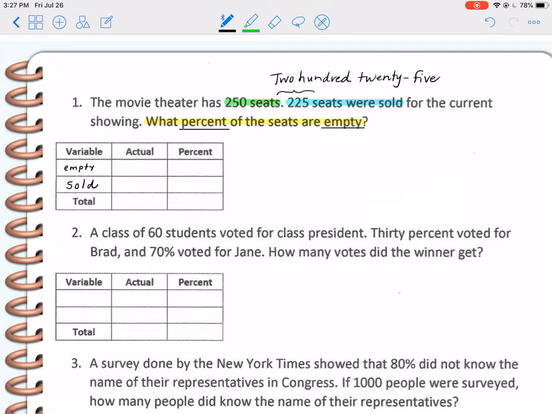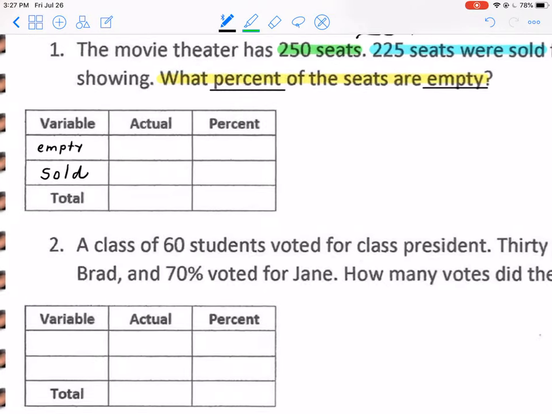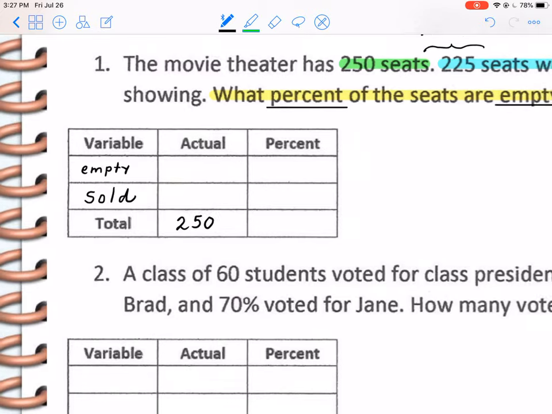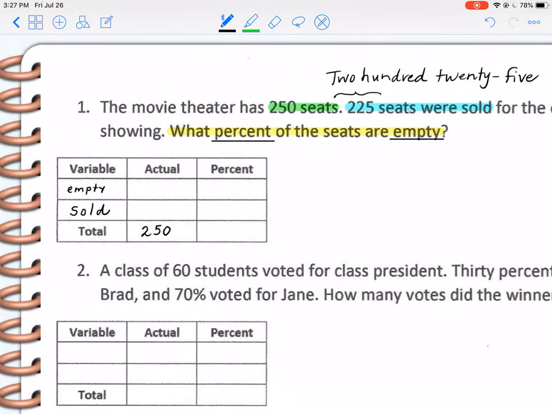So let's take the 250. The movie theater has 250 seats. So that is a total. I'm going to put that right here. 250 seats total. And then they tell me that 225 seats were sold. So I'm going to put that right here. So how could we find the empty seats? How could I figure out the number of empty seats?